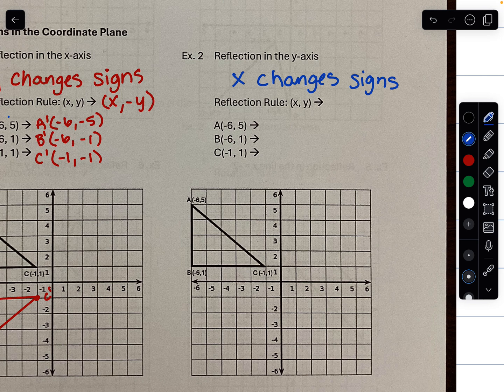Okay, so what would be my new rule for my ordered pair then? Well, first tell me the rule. Negative x, y. Yes, negative x, y. Okay, and then A prime would be -6, 5, then B prime -6, 1, and 1, 1 for C, right?